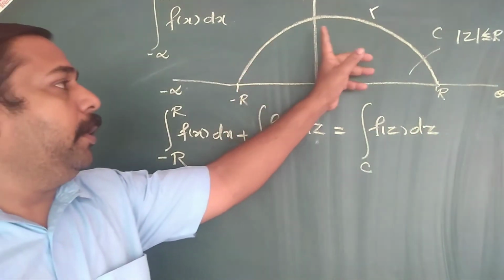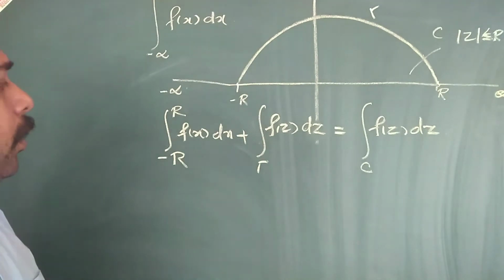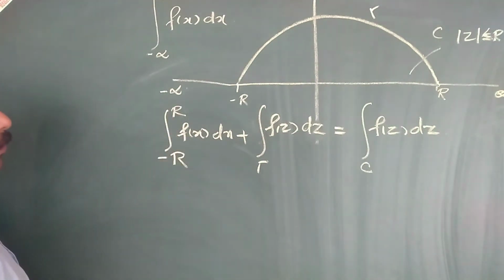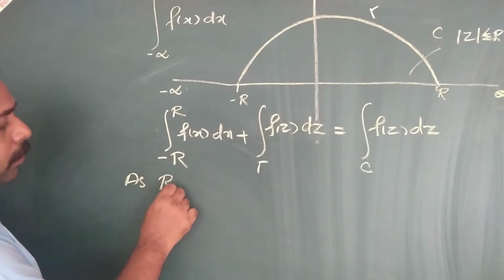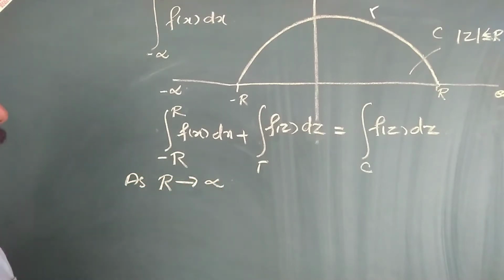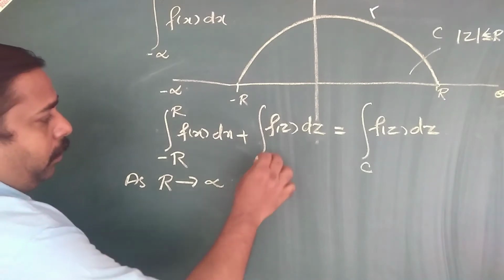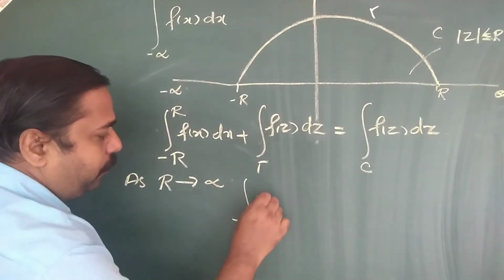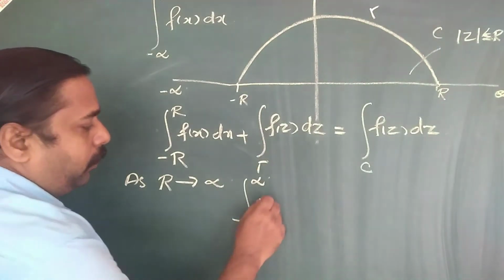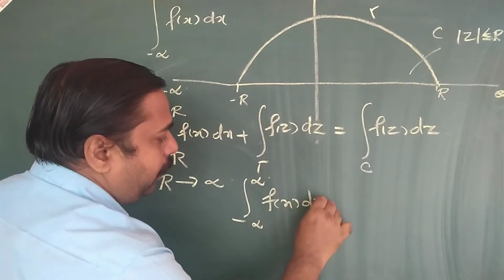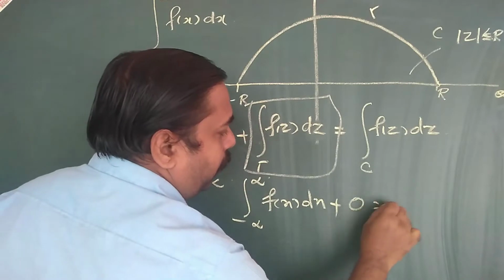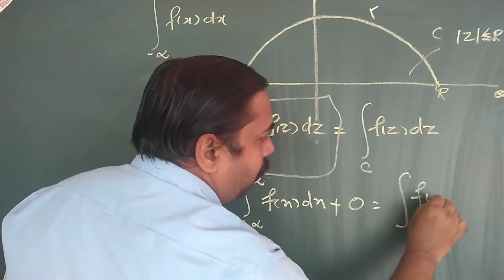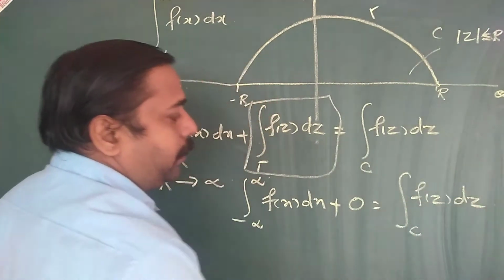So now this forms a closed curve. Now as R tends to infinity, Cauchy's lemma says that this becomes what? That is, the integral from minus infinity to infinity of f of x dx, plus this becomes 0, equals the integral over C of f of z dz.